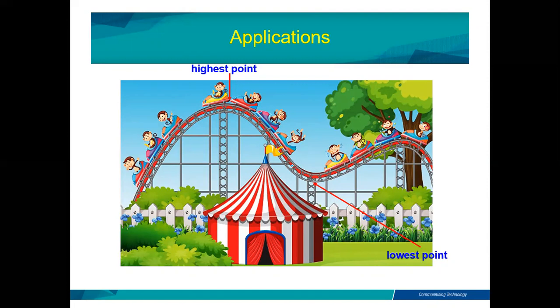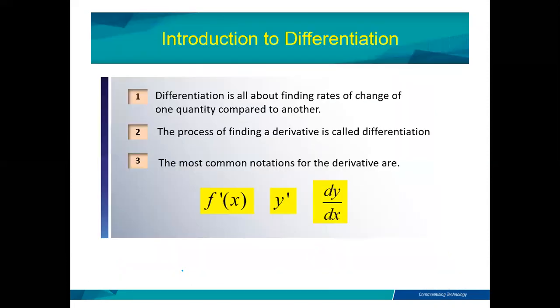Can you see here? We use the concept of differentiation in building the roller coaster track. So let's see, what is differentiation? Differentiation is all about finding rates of change of one quantity compared to another.